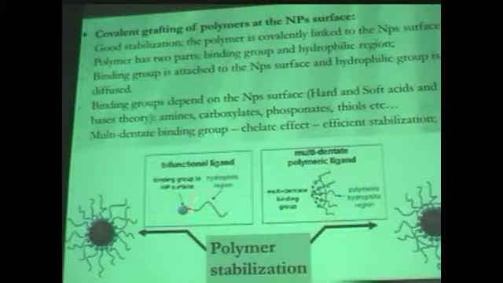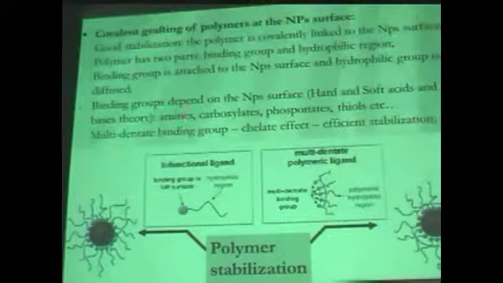The first part is the binding group to the nanoparticle surface, and the second part is the hydrophilic region. So the binding group will be attached to the surface of the nanoparticles, and the hydrophilic group will diffuse. I present here polymers which are soluble in water, in order to stabilize our nanoparticles. So we will obtain a nanoparticle soluble in water. So it works relatively well.